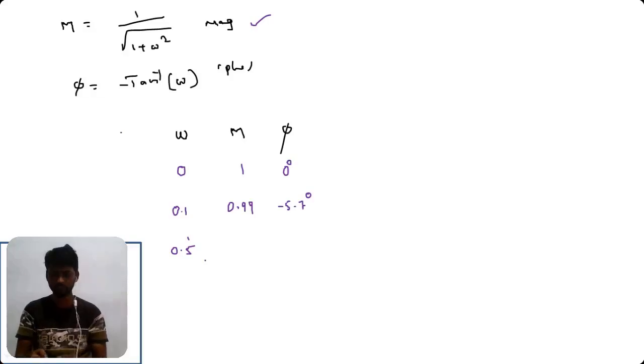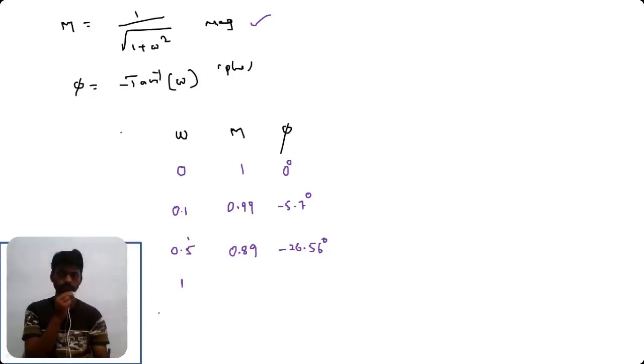Then the magnitude value will be 0.89, and the phase angle will be minus tan inverse of 0.5, which is minus 26.56 degrees. Again I am changing the frequency to 1.